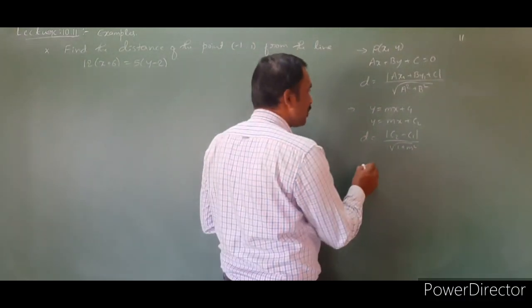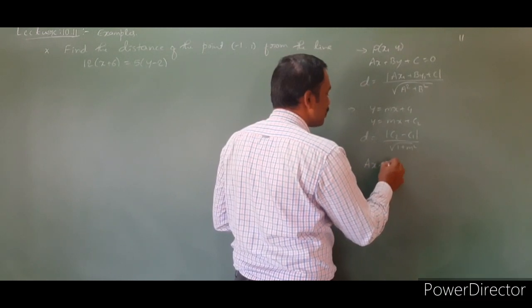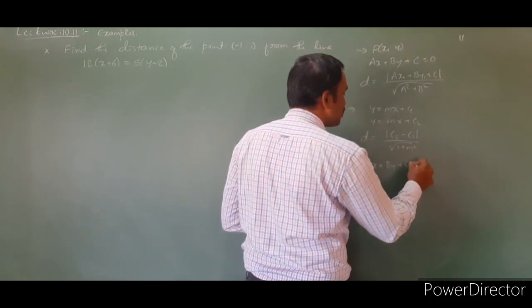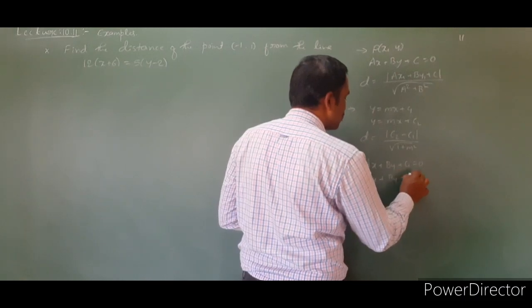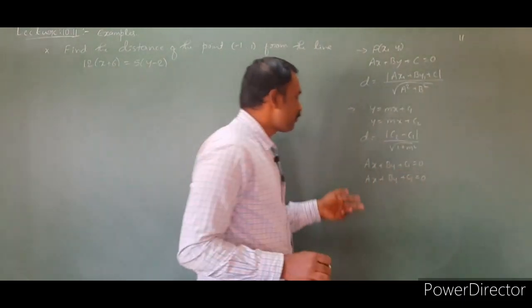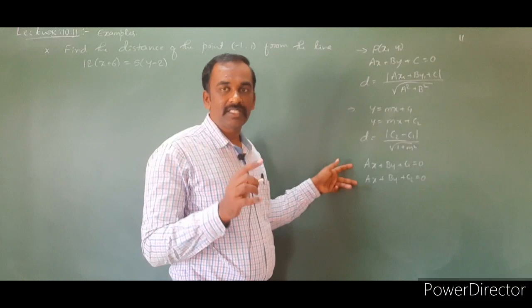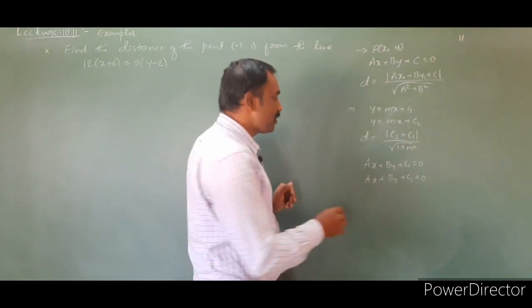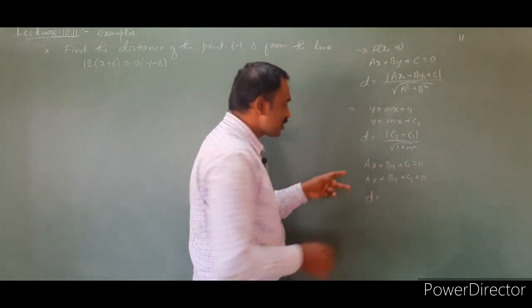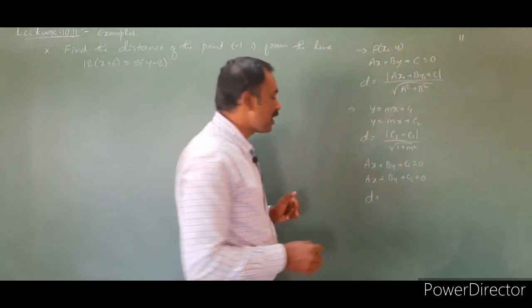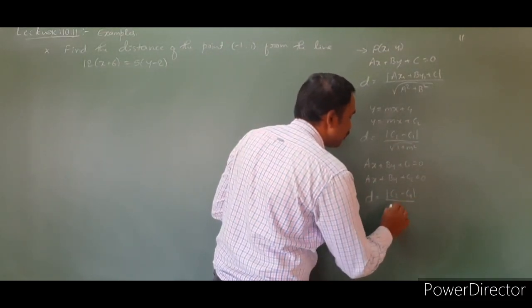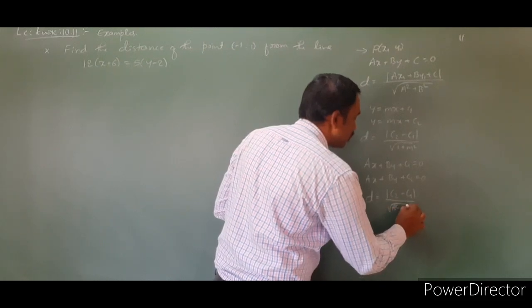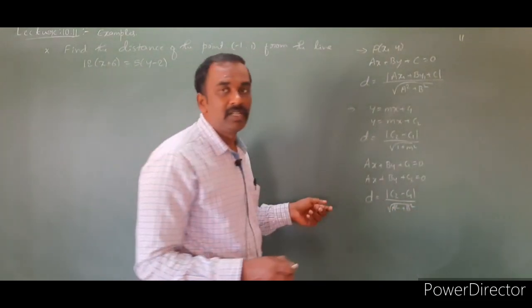Whenever the lines are given in slope intercept form, we have to use this one. Whenever lines are given in the standard form, ax plus by plus c1 is equal to 0, and similarly ax plus by plus c2 is equal to 0, the slope of these two lines is the same, that is minus a by b. In this case, the distance between these two parallel lines is equal to mod of c2 minus c1 divided by root of a square plus b square.